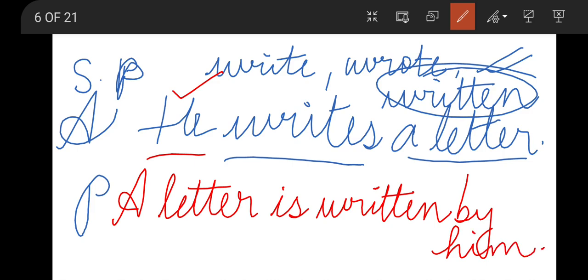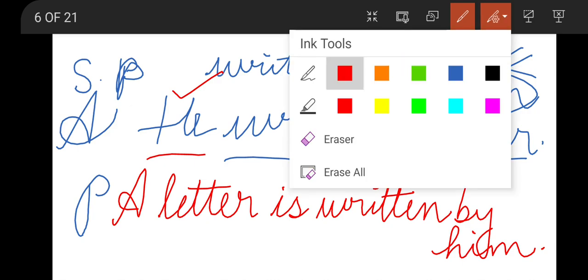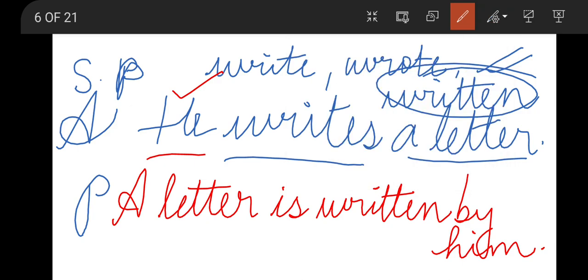Clear all of you? So this is how a simple and basic concept of changing from active to passive voice takes place. Okay, one more thing let me tell you, which is where children generally make mistakes. Instead of a single one, like I'm talking about a single letter, let me write it as letters. Depending on that, my verb changes will be made.